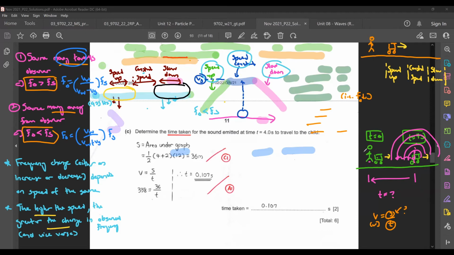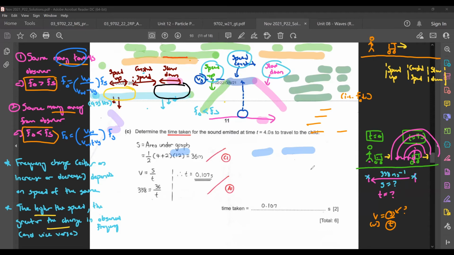Now this one you can find. If we are able to find out what is the distance moved from here to here, and we know the speed as 338 meters per second, we can find the time.